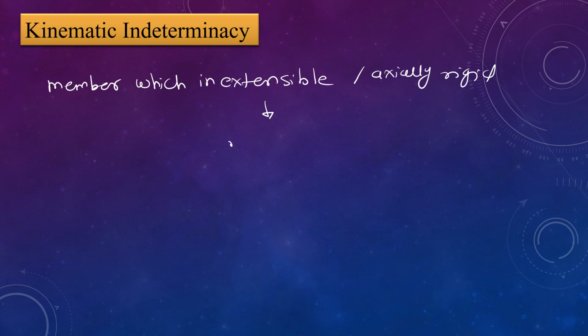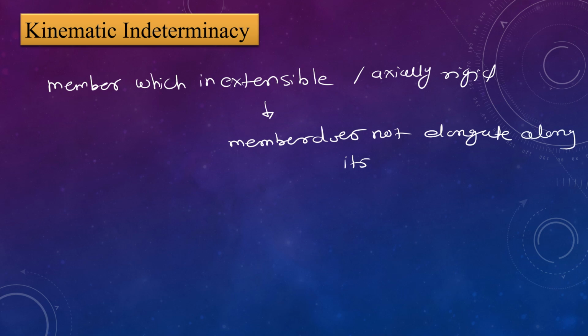Inextensible means the member does not elongate along its length or axis. The members which do not elongate along their length or axis are nothing but inextensible members or axially rigid members.